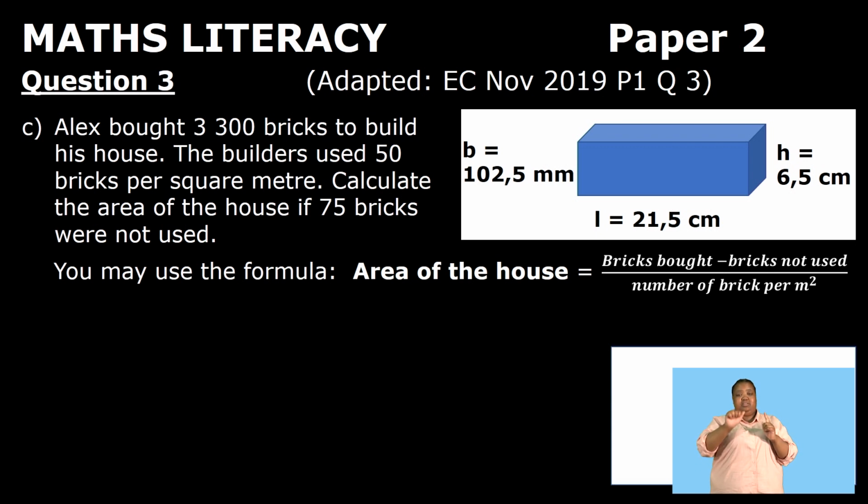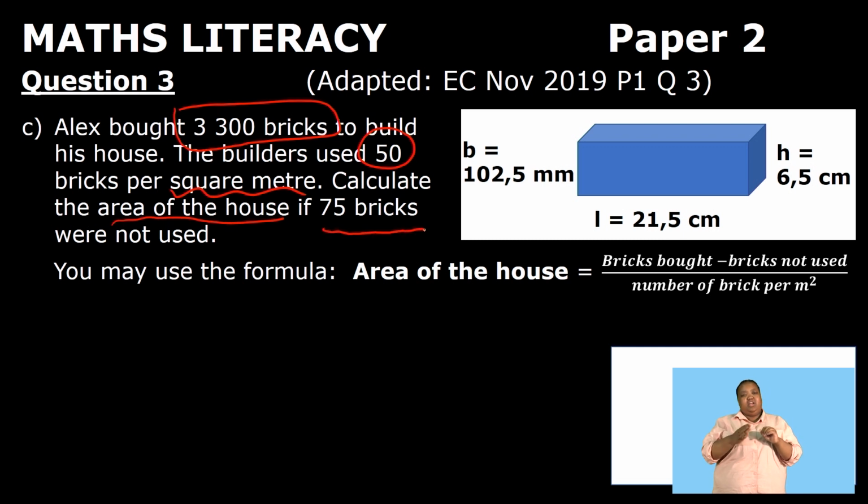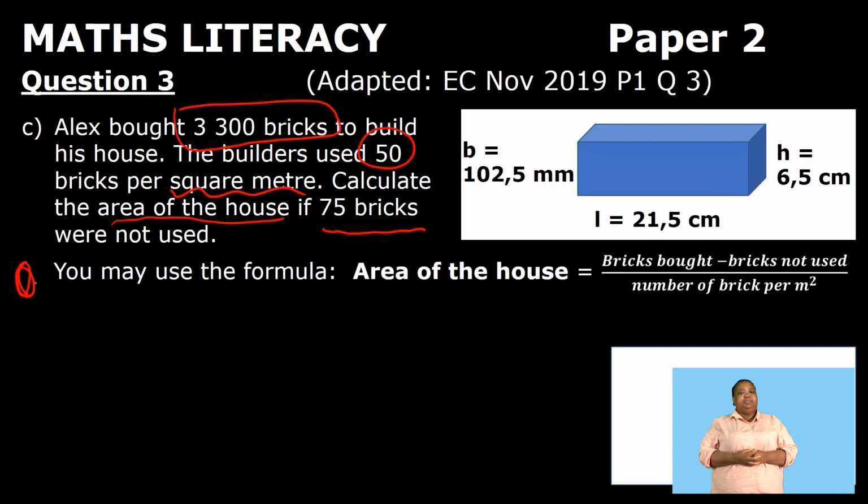Alex bought 3,300 bricks to build his house. The builders used 50 bricks per square meter. Calculate the area of the house if there are 75 bricks that were not used. This is complicated, but luckily they give us a formula. And then guys, remember, use the formulas given to you because it's the quickest way possible.